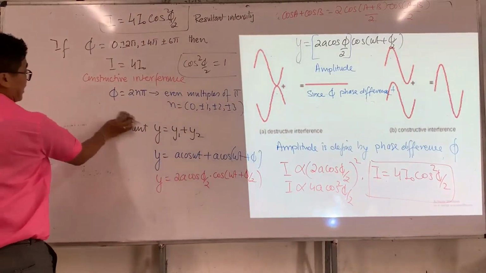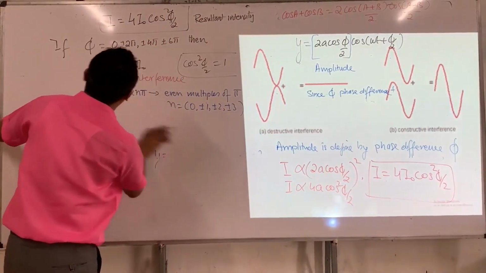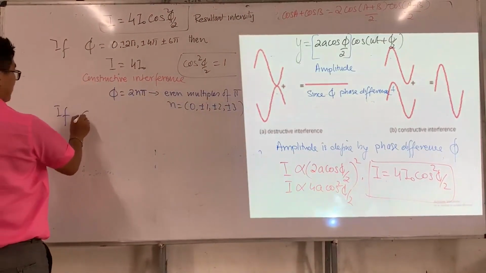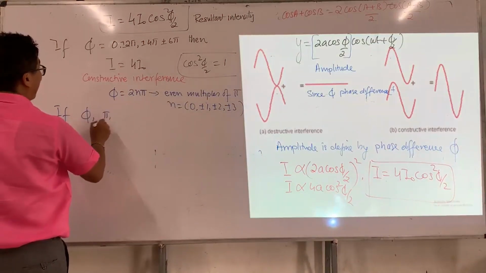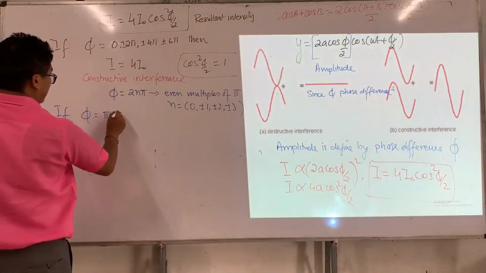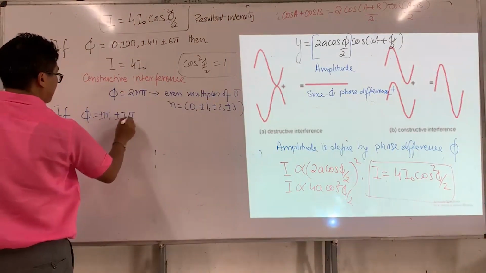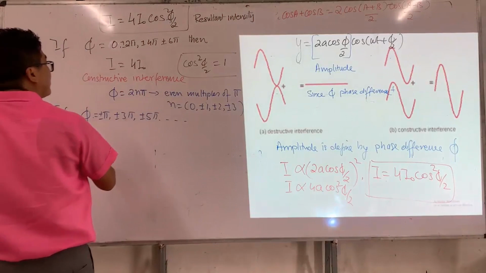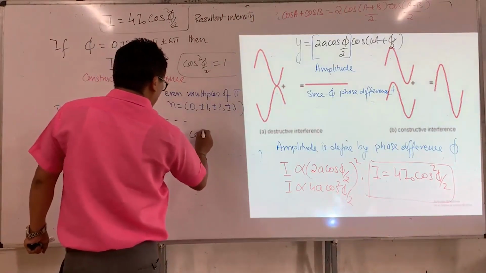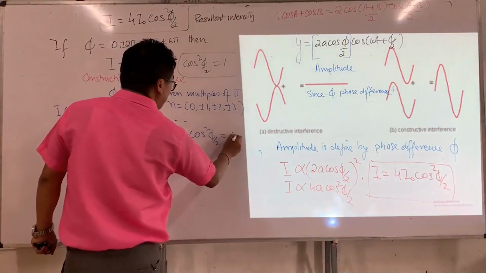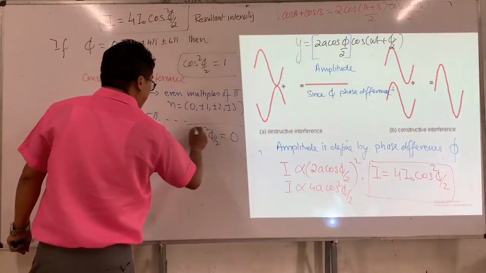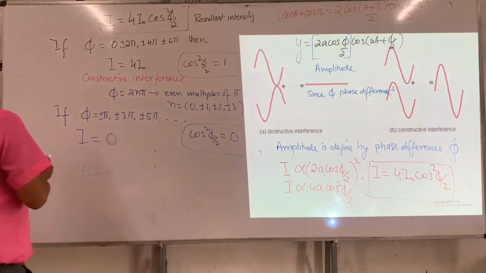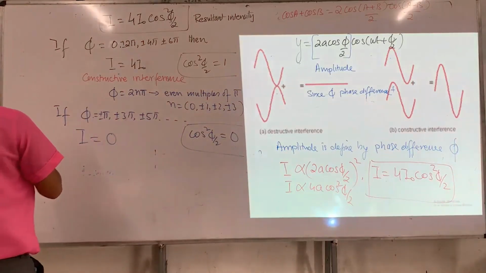Now if phi is equal to pi, 3 pi, 5 pi, and so on, then cos square phi by 2 is going to become 0, therefore I is going to become 0. So this is what we call destructive interference.